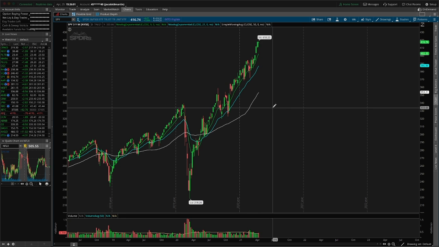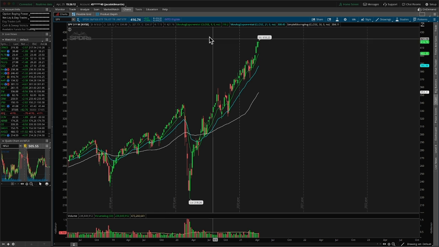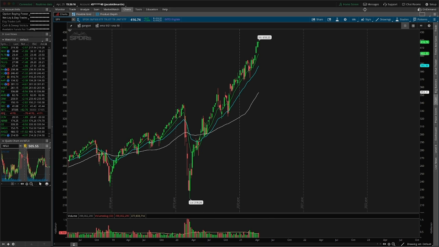So on SPY, you're going to want to start from the biggest time frame. So this is 3-year weekly. So that means this entire chart represents 3 years, and each candlestick represents a week.